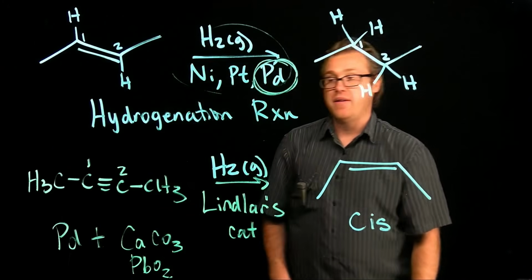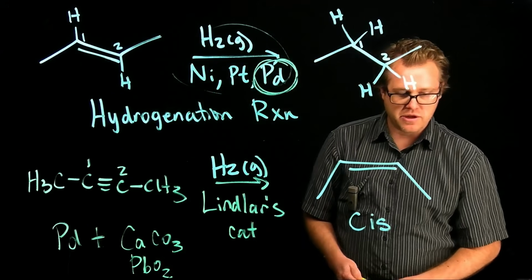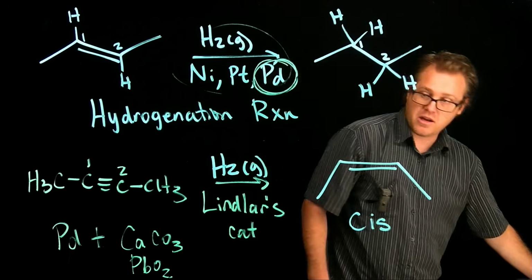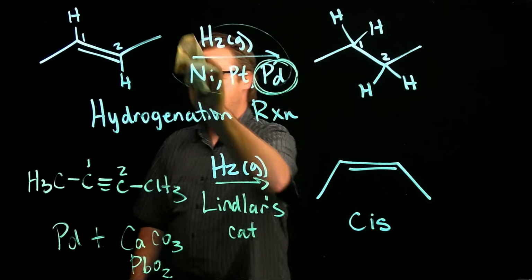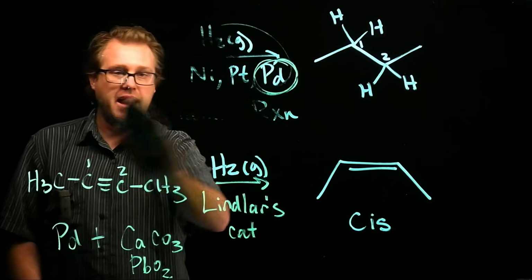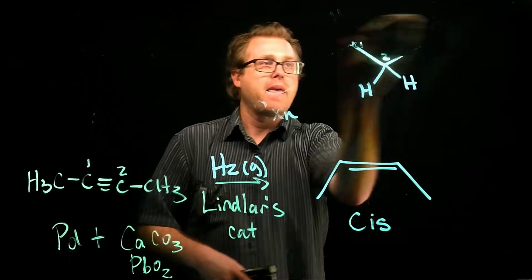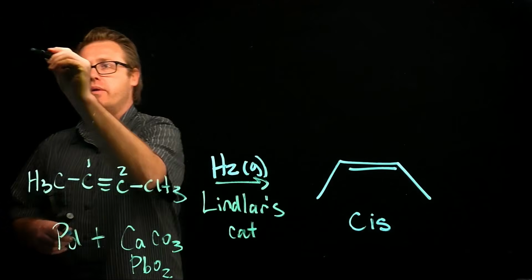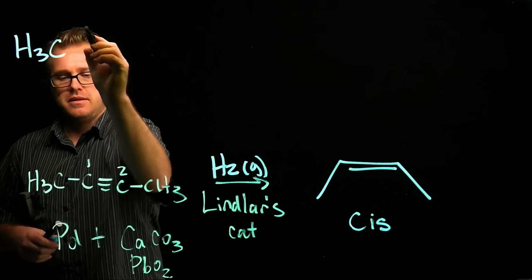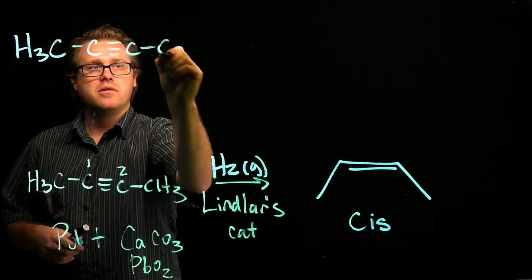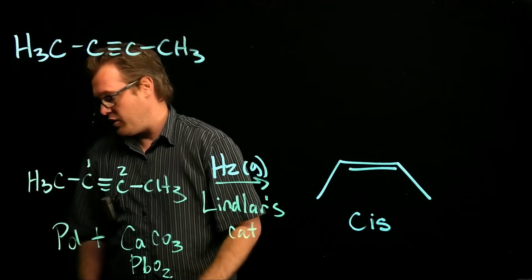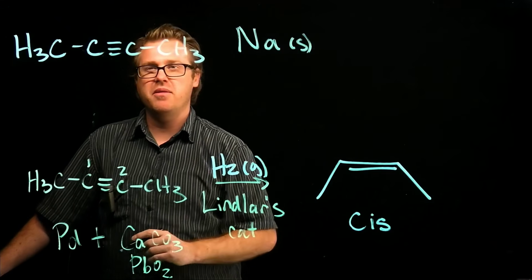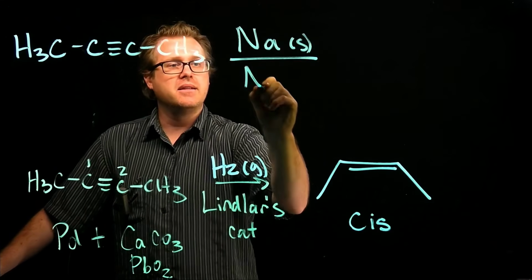Okay, that's very, very, very important to remember the stereochemistry. Because what we can also now do is we could take the same alkyne right here and treat it with a different metal. So we could treat this guy right here. We could treat that with sodium metal, solid sodium metal, okay, in liquid ammonia.